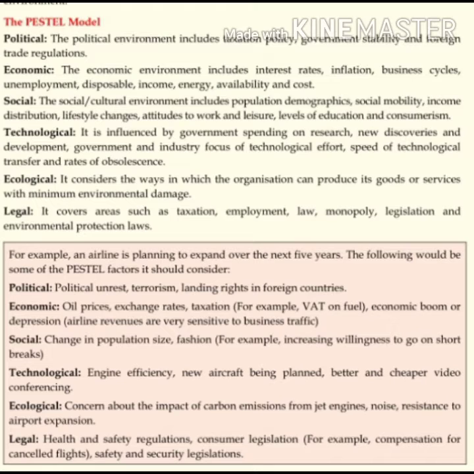The second alphabet is E for economic. According to the economic situation of any country, it is decided by an organization or entrepreneur whether it would be a favorable economic situation or not. There is a business cycle.